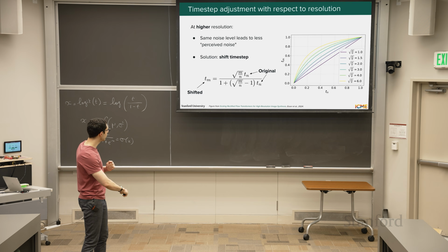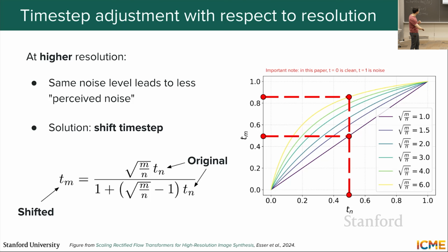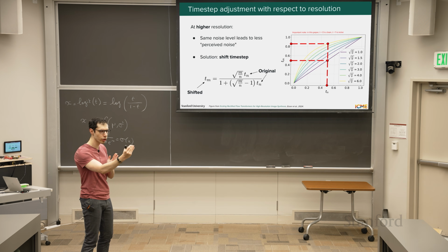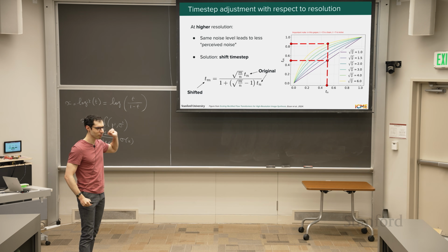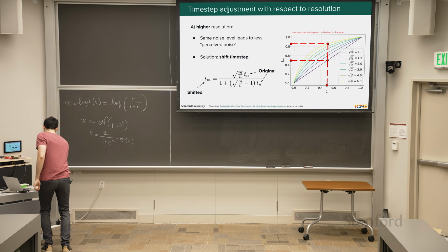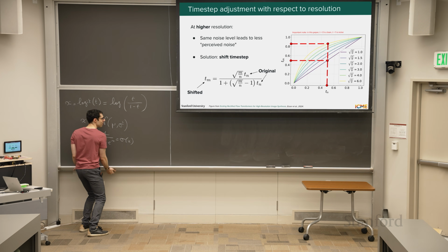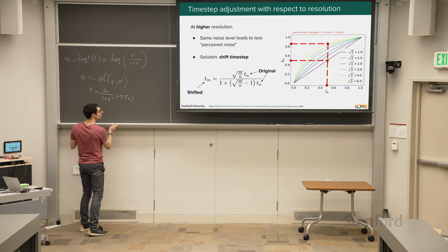For a given Tn, you would want to have a higher Tm. Because for a low resolution image, for a given noise level, you would want that noise level to be higher for the high resolution image, for the perceived noise to be the same. That is what this formula is saying. But I know it's not intuitive, so we'll take 10 minutes to try to understand what that is about.